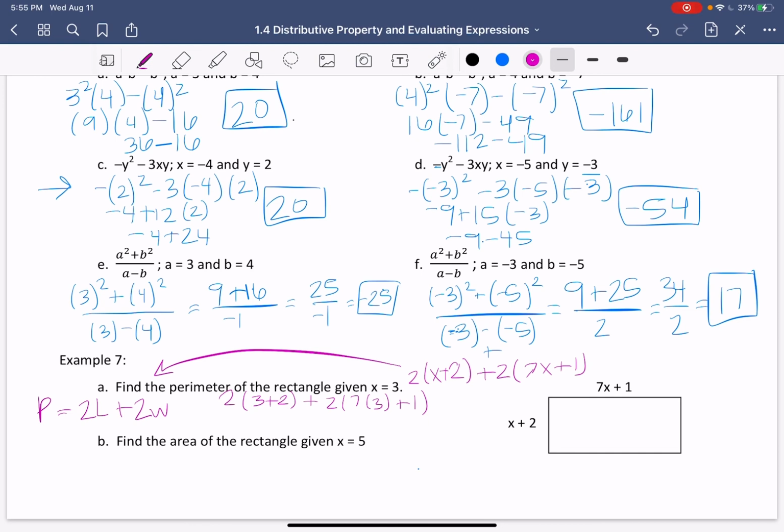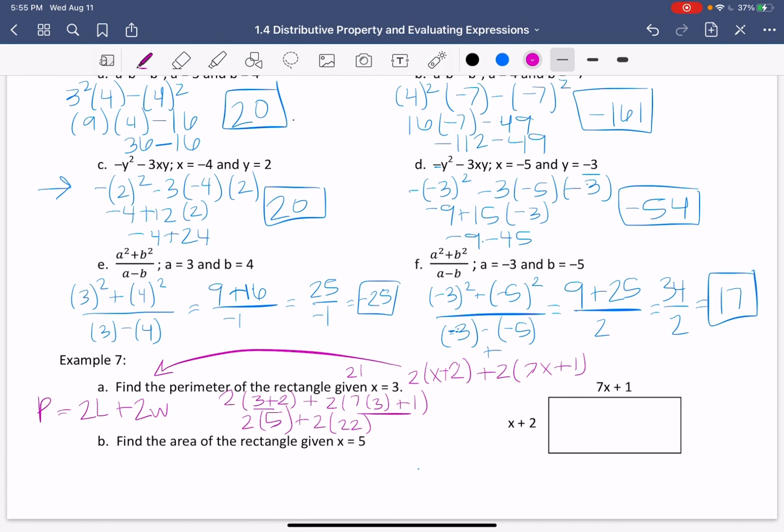But before we can distribute, we need to solve what is in our parentheses. So 3 plus 2, that gives us 2 times 5. And then 7 times 3 is going to give us 21. Plus 1 is going to give us 22. So 2 times 22.